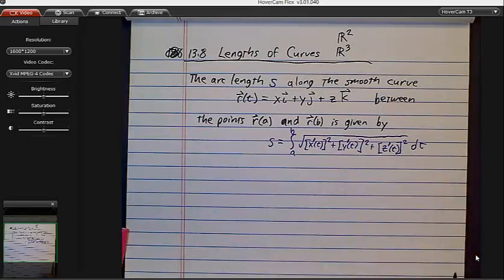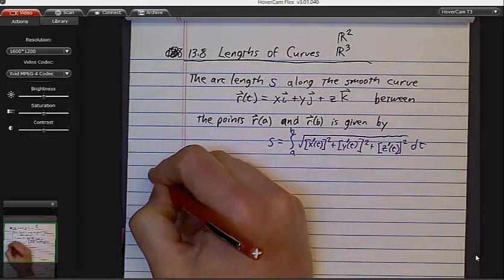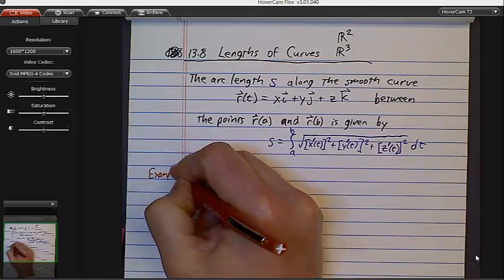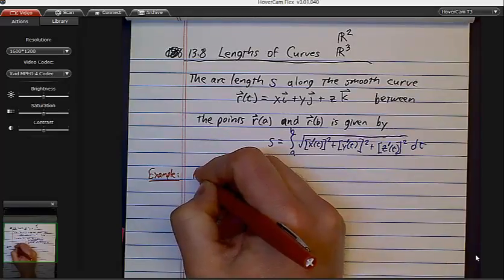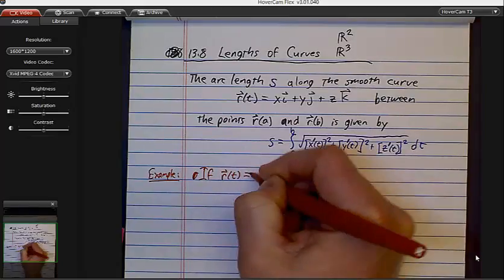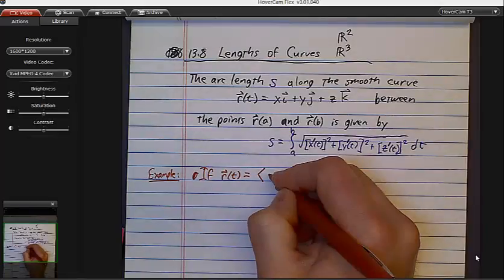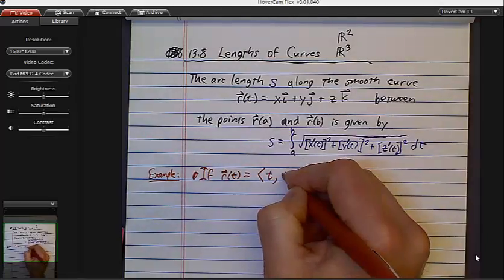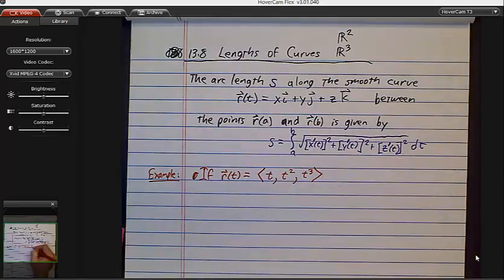So one thing about this formula is it's nasty. Well, what I mean by that is, for example, suppose you have r of t equal to, let me use the other bracket notation because it's a little bit quicker, t squared and t cubed. All right.